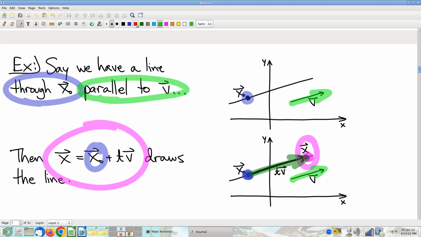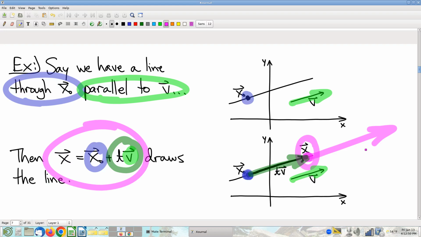And altogether then, check it out, that allows you to write position on the line as a function of that one parameter. I chose that scalar parameter to be t, and then I've got position on the line as a function of t.